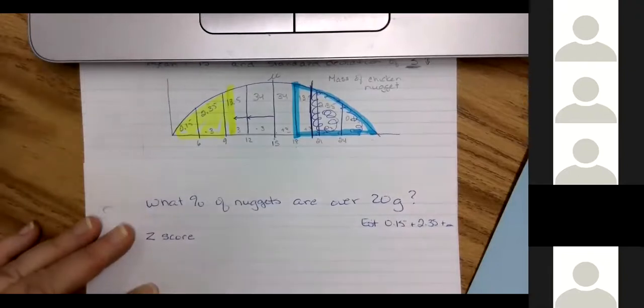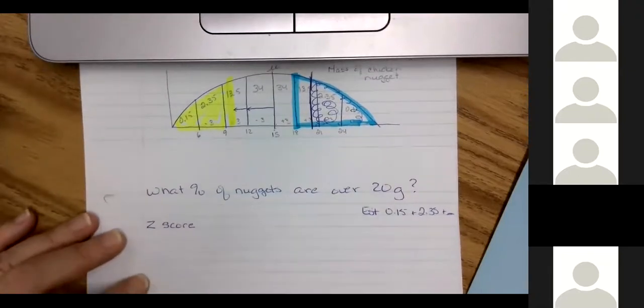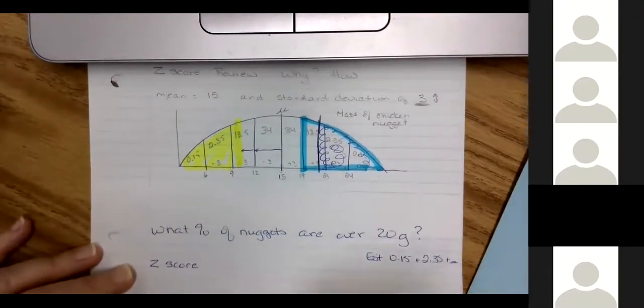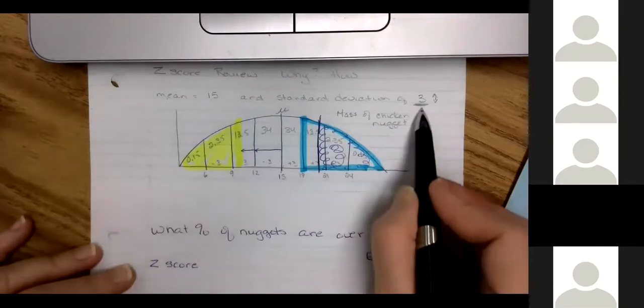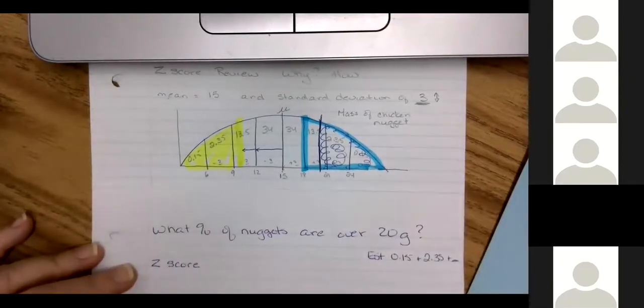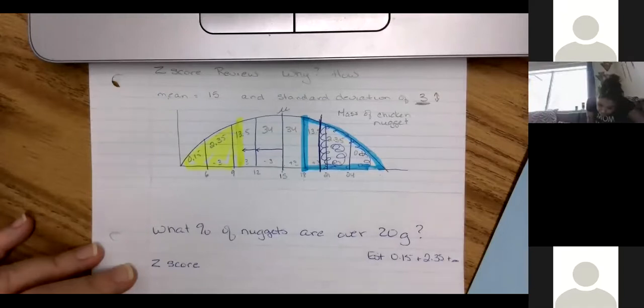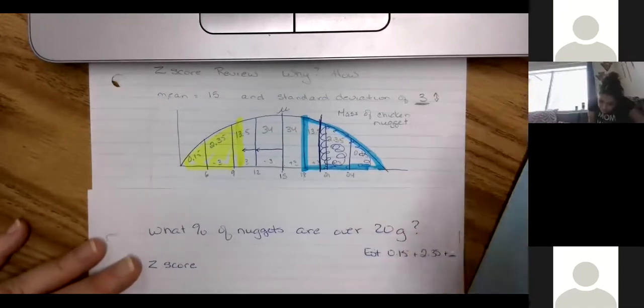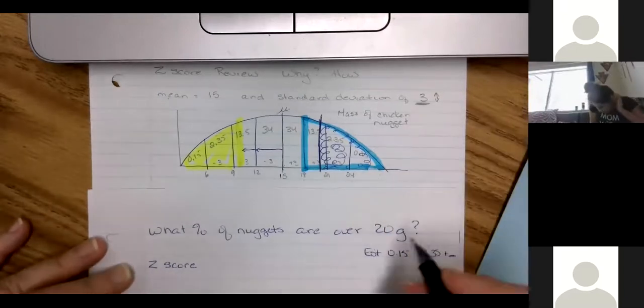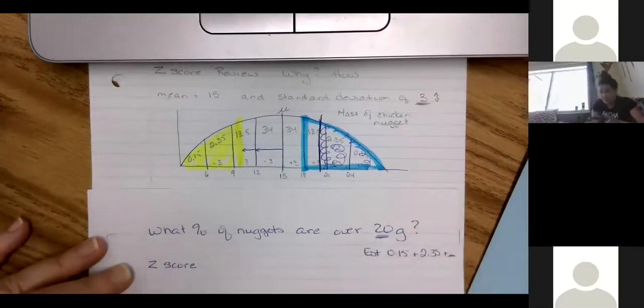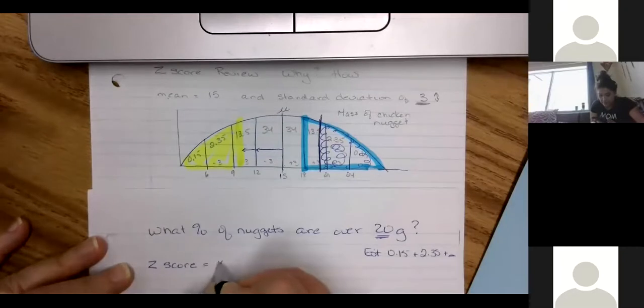All right, I want you all to do that right now. So if you forgot, your mean is 15 and your standard deviation is 3. So that part's going to stay the same. We just care about 20 grams being the number that we care about this time, our data point.